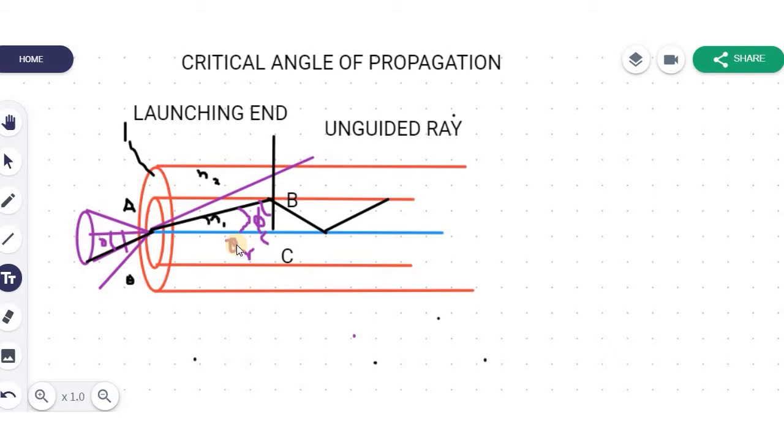At the point B, at the core cladding interface, the ray undergoes total internal reflection as N1, the refractive index of the core, is greater than that of the cladding.